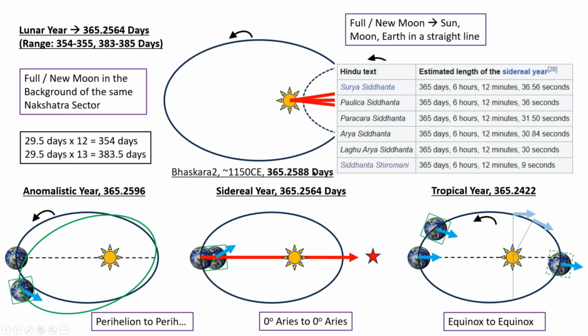Because the lengths of these years are not equal to the tropical year length, this causes a slow drift of the seasons away from the designated or expected Hindu months. That is, we expect the Chaitra month to always be associated with the spring season.